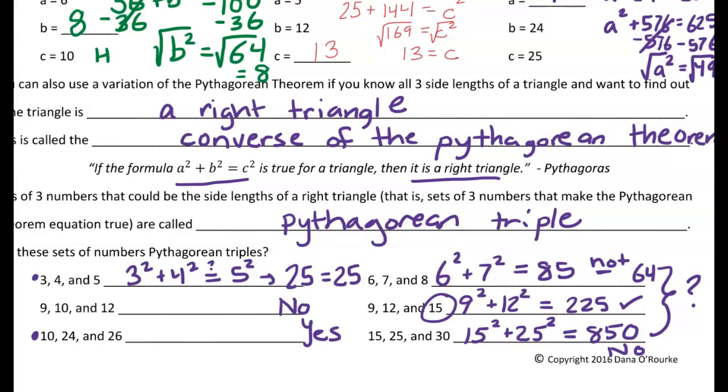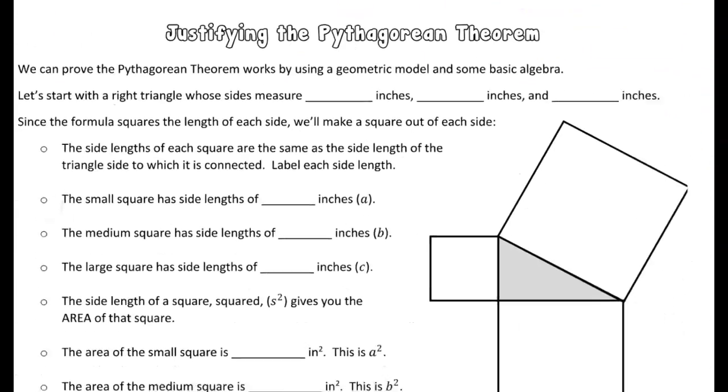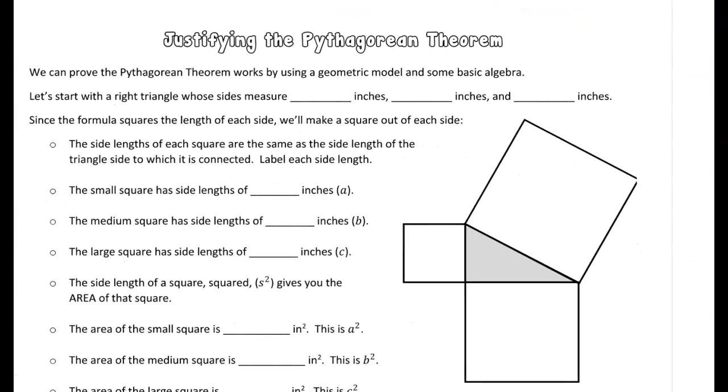Okay, so on the back, we're going to work on a proof just to talk about how you can think about this as areas. So just real quickly, we can prove that the Pythagorean theorem works using a geometric model. So this is just a picture. We've got a right triangle here, and we have 3 sides to it. And then what we did is create a nice square on each of the sides.